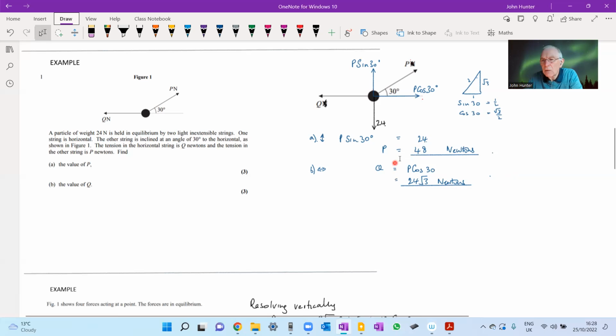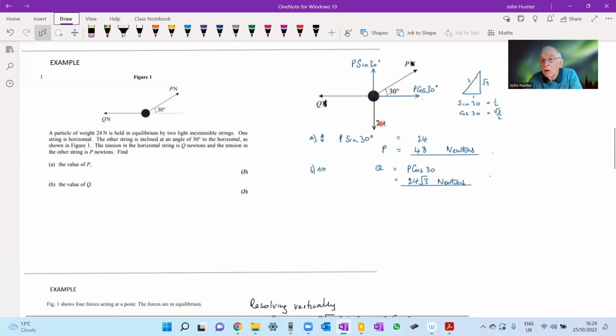Just going back to the weight issue, this is 24 newtons. So had this been on Earth, where let's say the gravitational constant G is approximately 10, then that would have suggested that this mass was actually 2.4 kilograms.